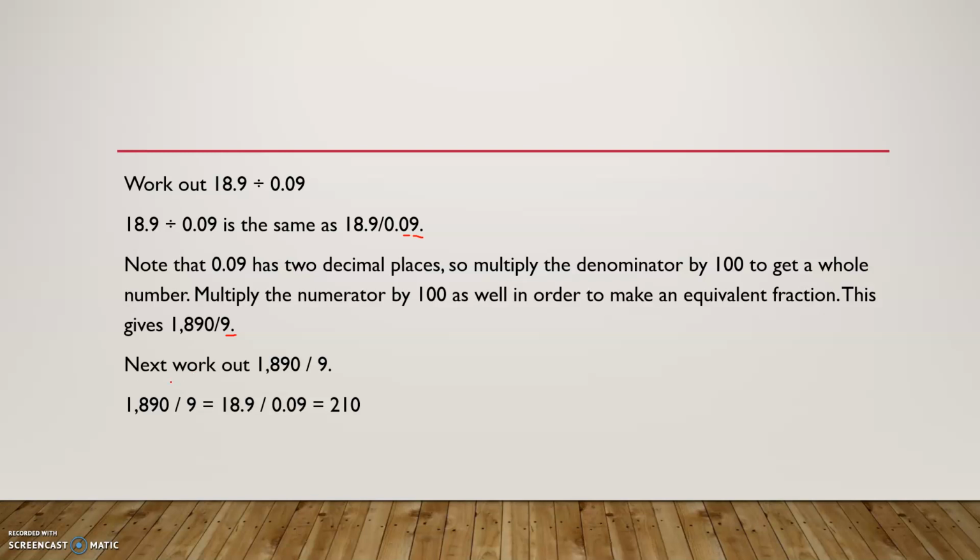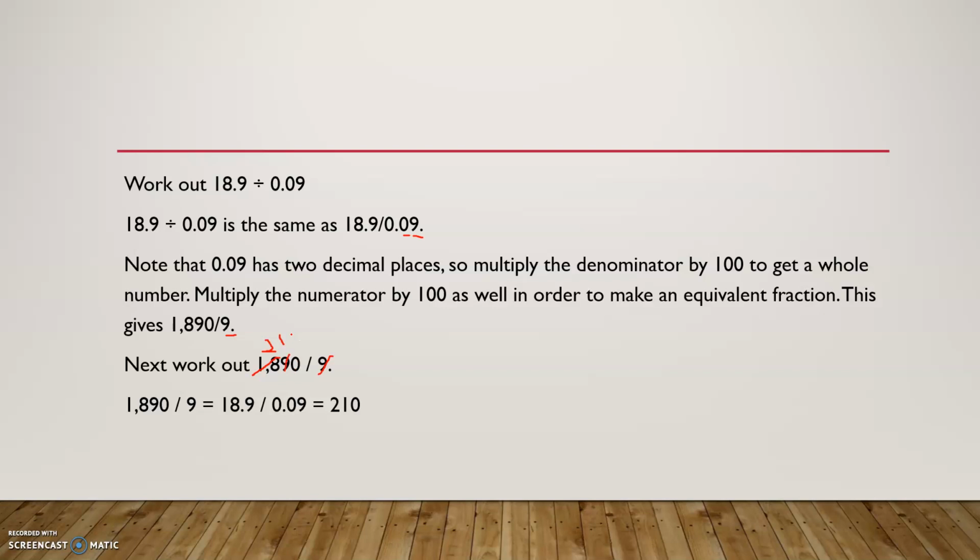So what we have to do now is work out 1890 divided by 9. If we divide 18 by 9, that will be 2. 9 goes twice into 18. And then 9 goes 1 times into 9.